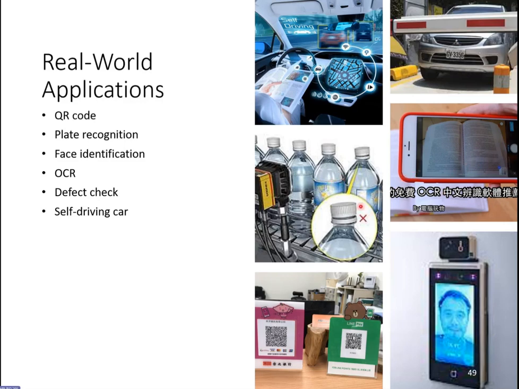And defect check. Once you buy a bottle of water, in the water factory they use a computer vision system to check whether the labels are well put on the bottle or something else.